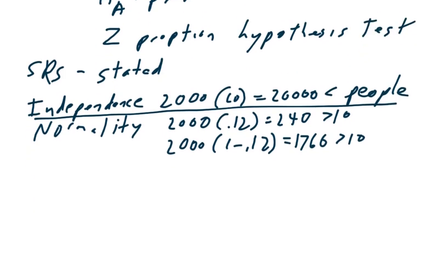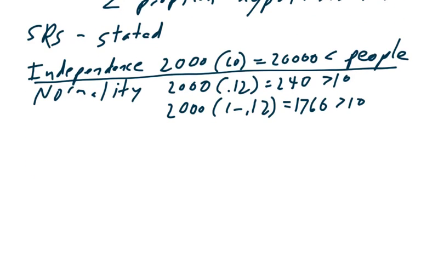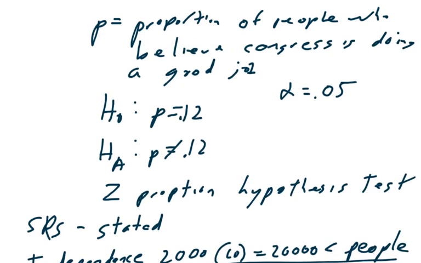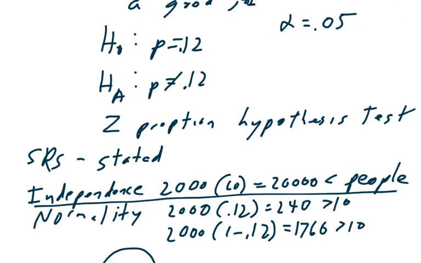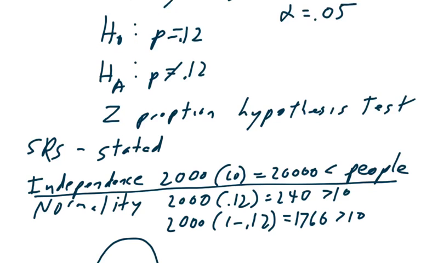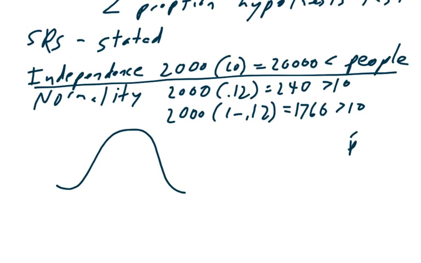So let's do, we need P hat. In order to get P hat, we go back to the question. P hat said that 204 out of 2,000. So P hat is 204 over 2,000, which is 0.102.